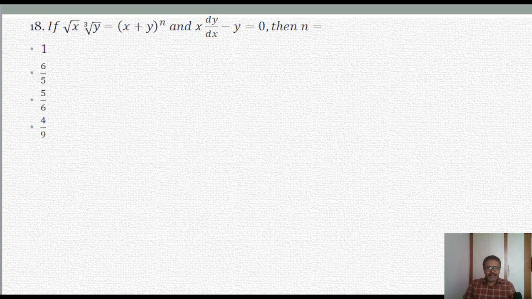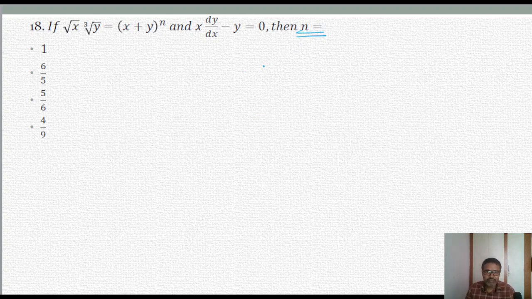Now a different question, an interesting one also. For this, root x into cube root of y is equal to x plus y whole to the power n, and they have given one more condition, x into dy by dx minus y is equal to 0. Then you need to find the n value. By looking at this equation, if you start differentiating this, it will take a lot of time. We have a condition, note down friends.